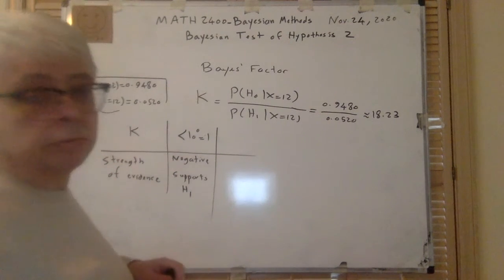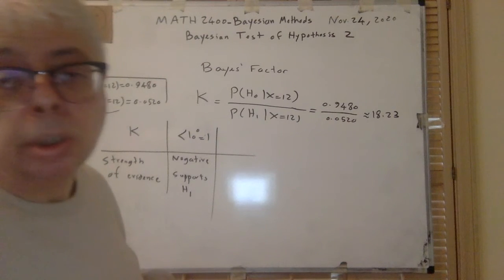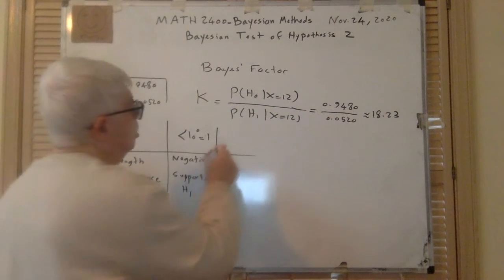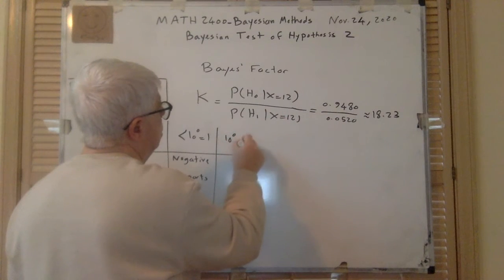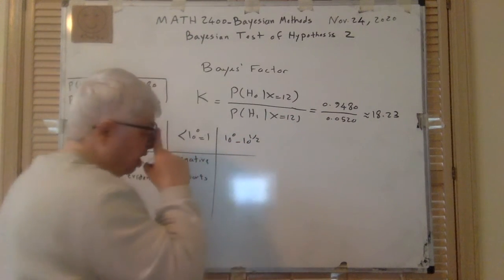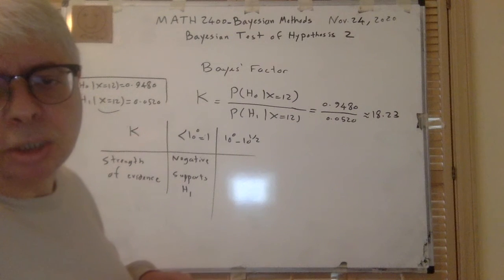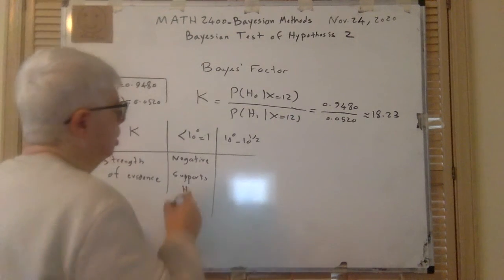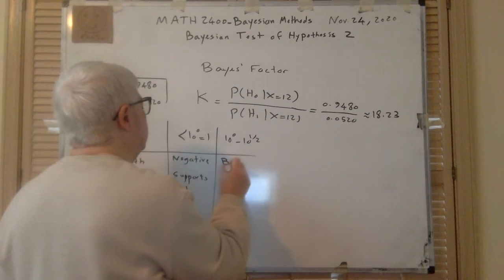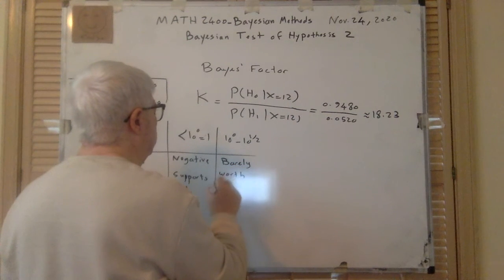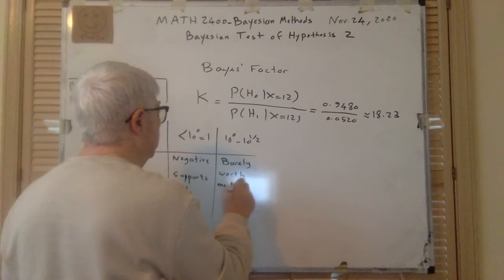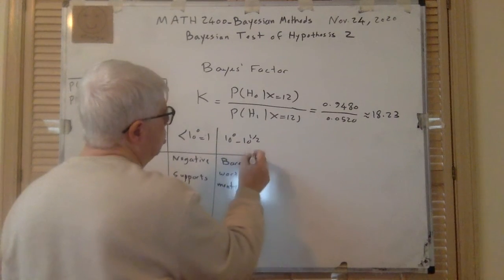So if I have something between 10 to the power 0 and 10 to the power 1/2, then they say that it is barely worth mentioning. Okay, so that's not really good.